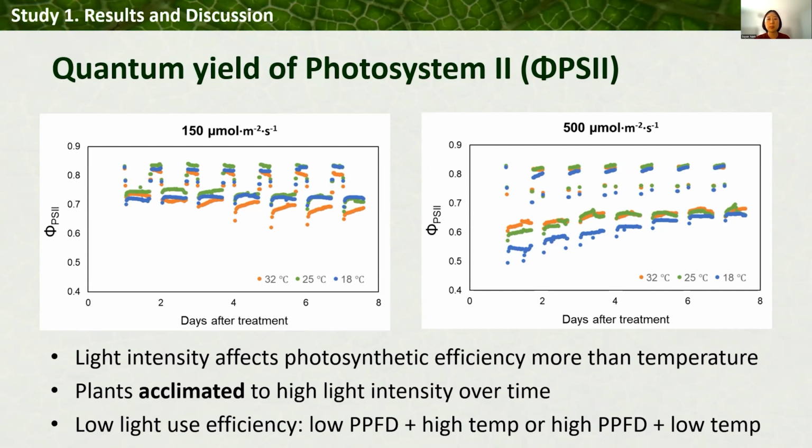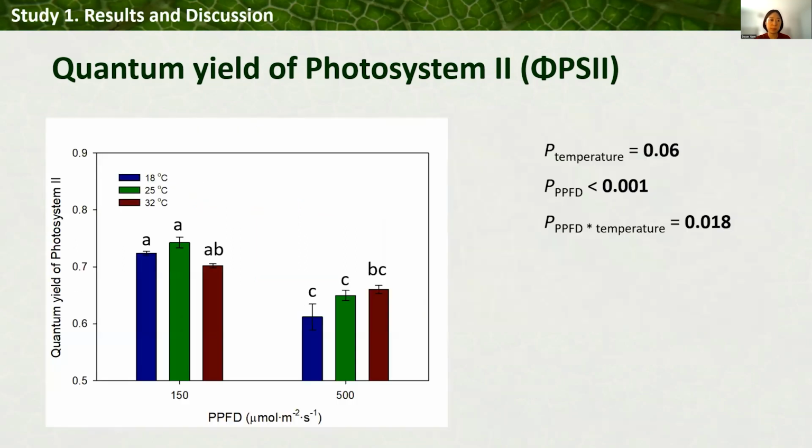But when combined vice versa, low light with high temperature or high light with low temperature, it is just not good for the plants' light use efficiency, because photoinhibition can occur in these conditions.